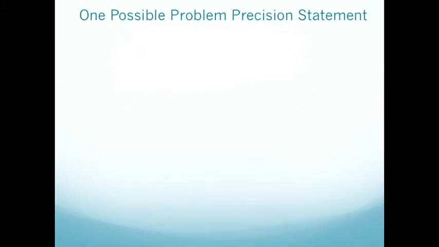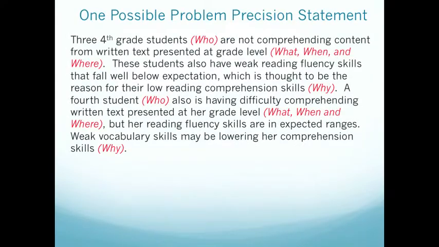Let's take a look at one possible precision statement that we could have derived from our data that we just reviewed. This one groups all 4 students together. Remember, we want to make sure that we're covering all our precision elements. For this one, we're saying that 3 of the 4th grade students are not comprehending content from written text that's presented at their grade level.